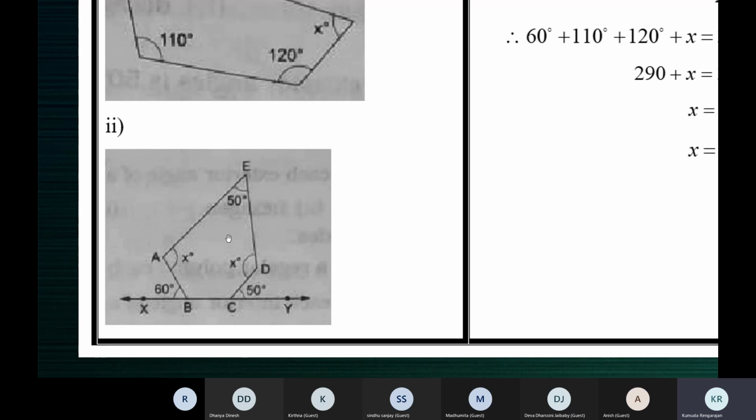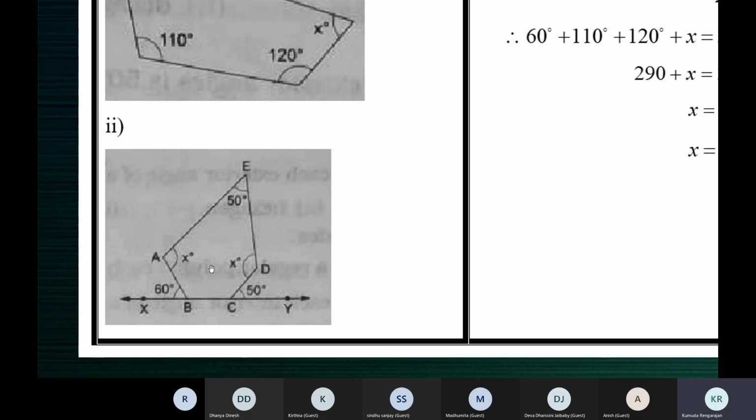Now it's a pentagon. We know that the sum of the interior angles of a pentagon is not 360. It's different. It has 5 interior angles. I'm just calling out the 5 interior angles of the pentagon: this X degrees, then this angle ABC, then this angle DCB, then X again and 50 degrees.